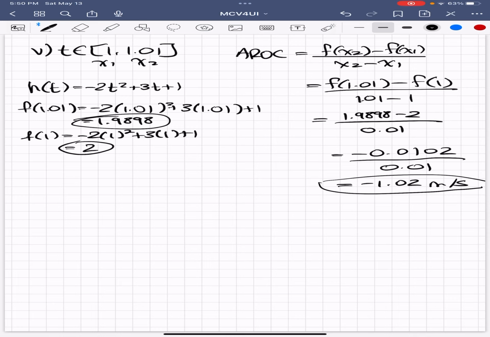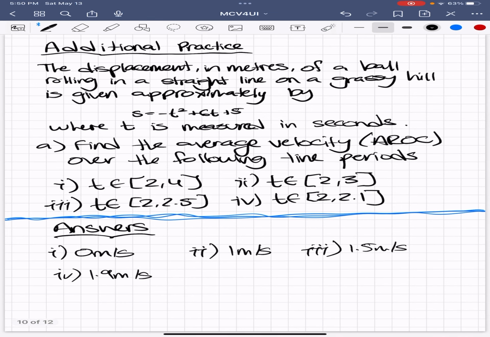So those were a few examples of calculating the average rate of change. I also have some additional practice here. The displacement in meters of a ball rolling in a straight line on a grassy hill is given approximately by s of t equals negative t squared plus 6t plus 5, where t is measured in seconds.